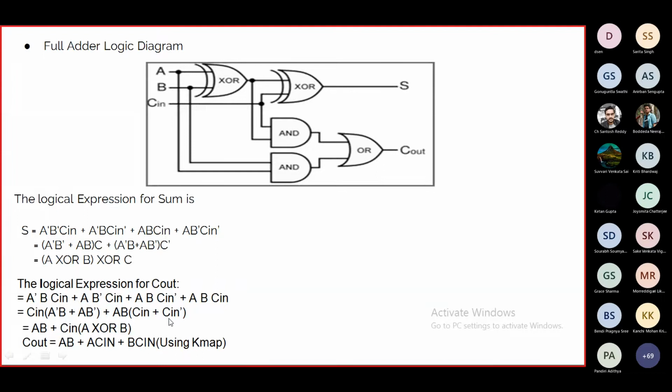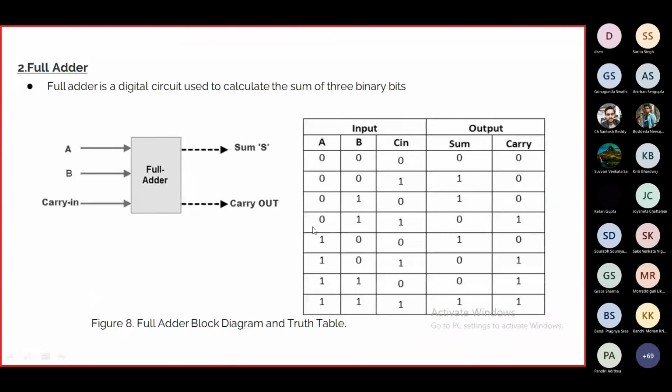And when we represent C out with the help of a K-map, we can get a minimal expression that looks like this.